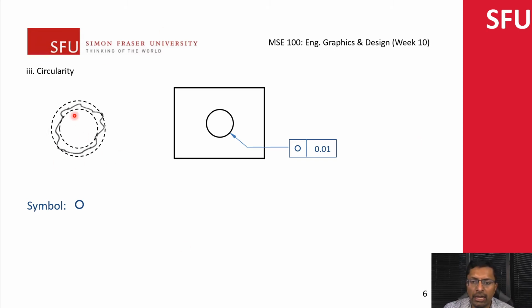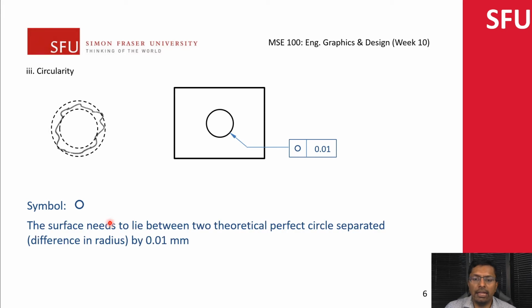Say I use a profile measuring device or a 3D contour measuring device, and I find the profile looks like this. What I want to do is bound it between two theoretical circles, and the radius difference between the two circles would be 0.01. Basically this distance needs to be 0.01.